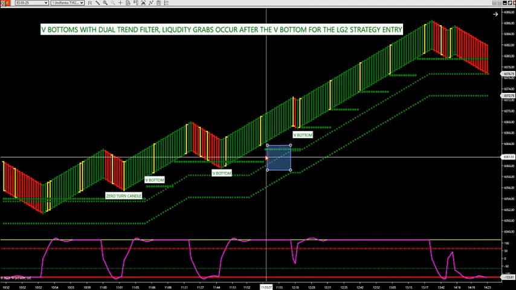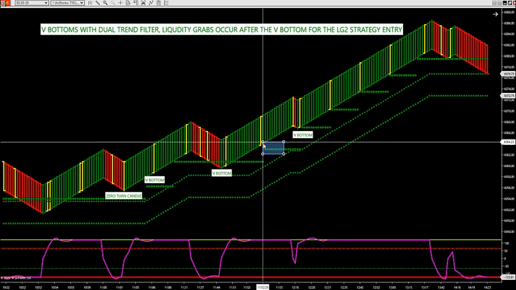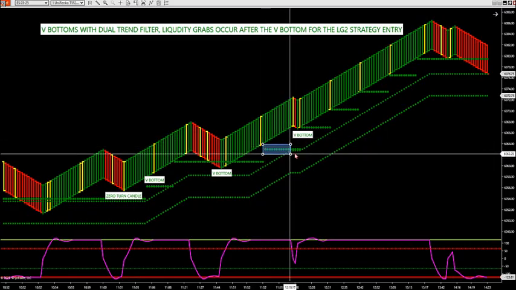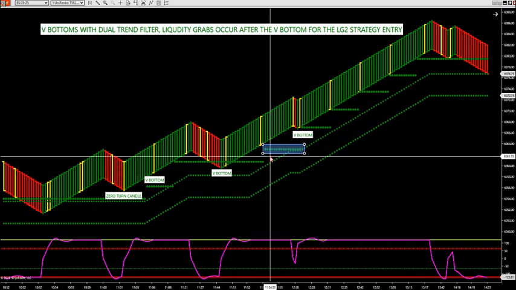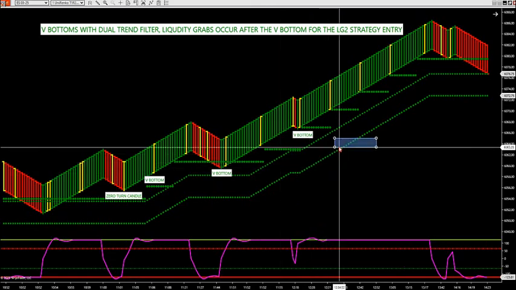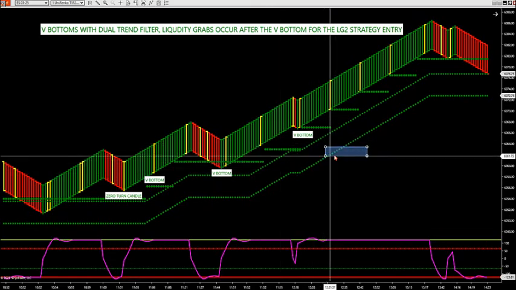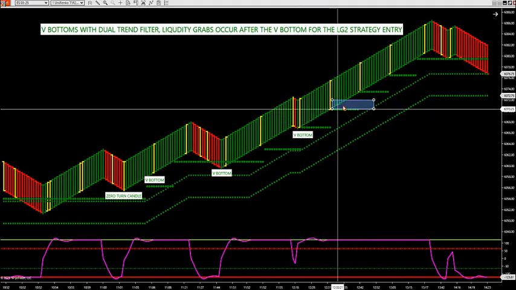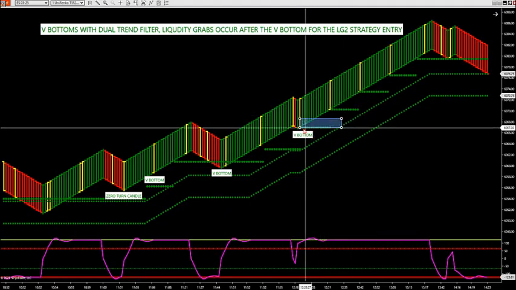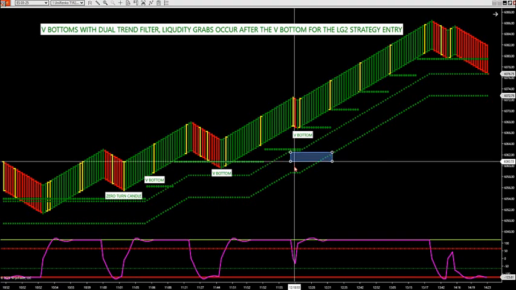And then inside of that is our proprietary Renko bar type we created, our sim bar type. We use that as a trend filter. So in our software, we show you how to put that on there so you get what's called a dual trend. You get this outer zone that runs parallel to each other, and then you get these inside trend dots on our sim Renko.